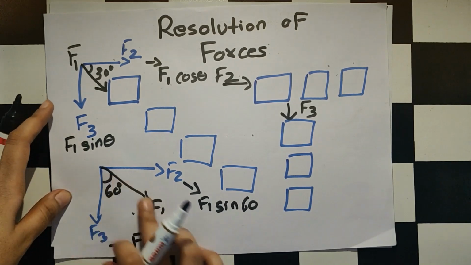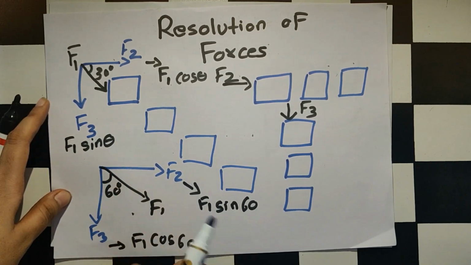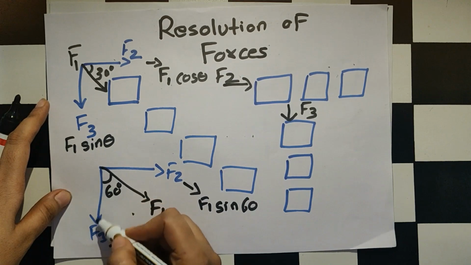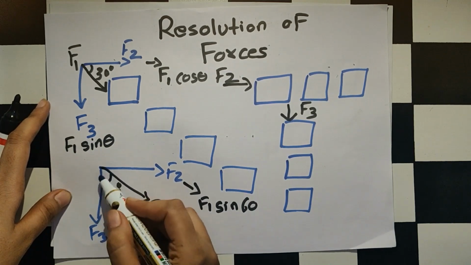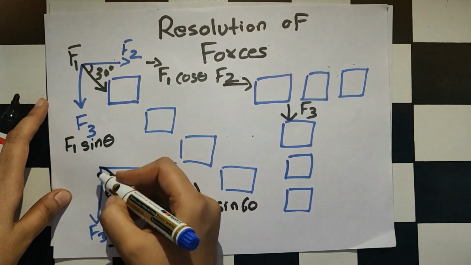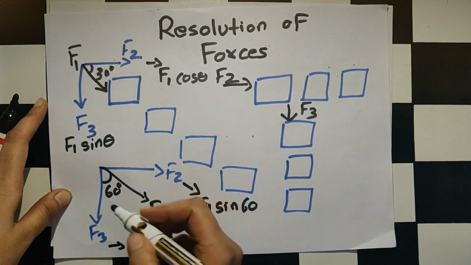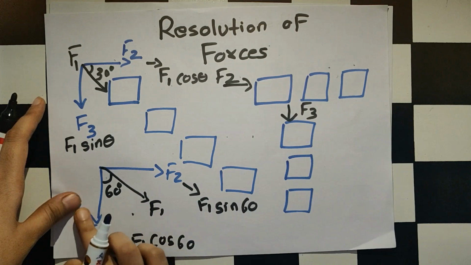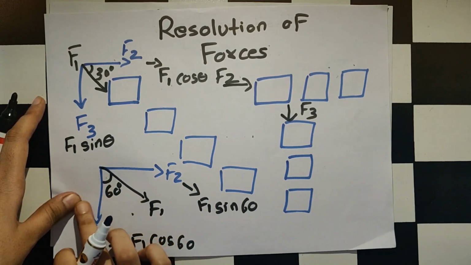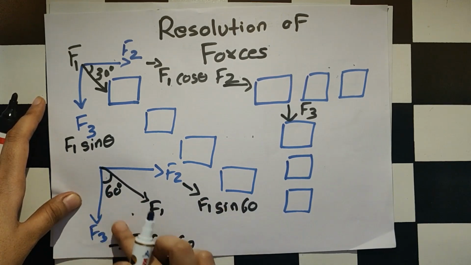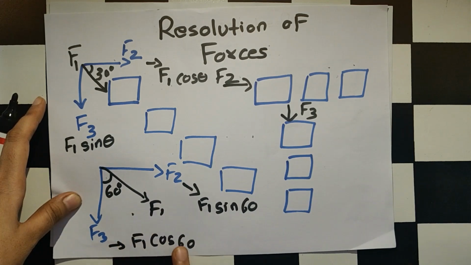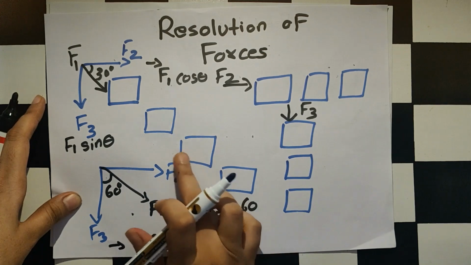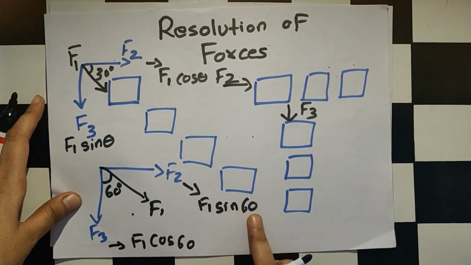Similarly, if the angle of your original force is given with respect to the vertical component, then this side will become the adjacent side, and since this side becomes your adjacent side, the magnitude of F3 will be the cos component of your original force F1, and the magnitude of F2 will be the sin component of this force F1.